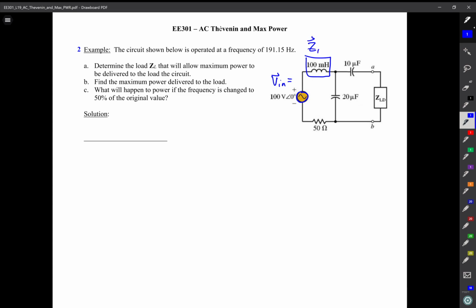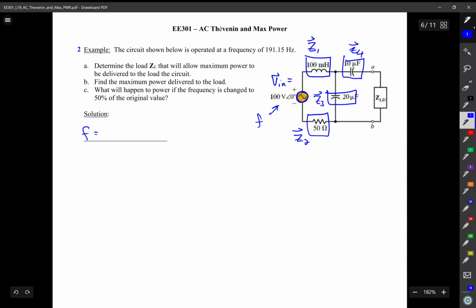Z1, I'll call this one Z2, this one right here is Z3, this one Z4, and I also have a load impedance, Z load. Okay, I also noticed that the frequency of the input right here is equal to 191.15 hertz. Okay, so what does this mean?